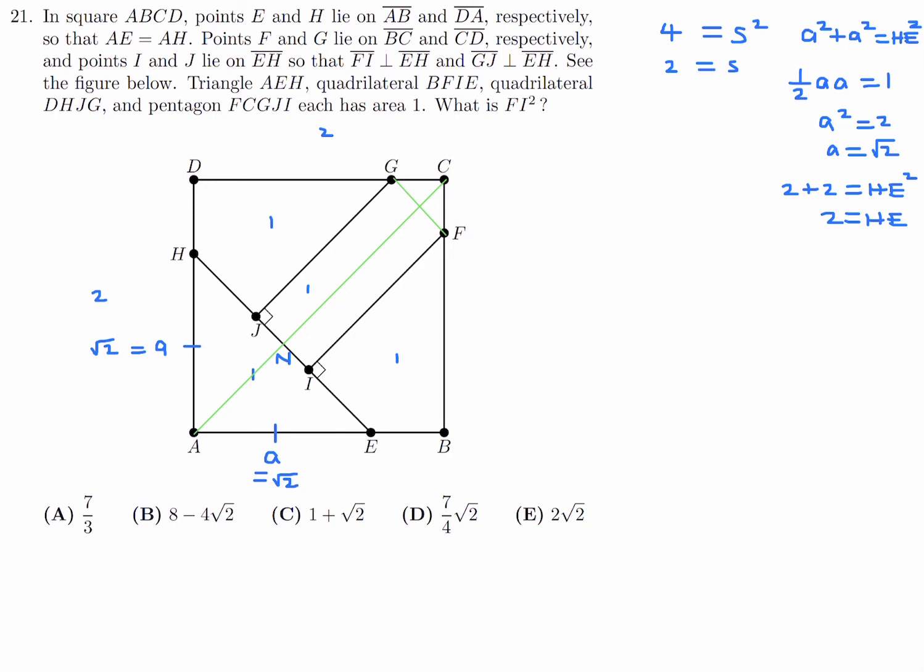Now, I can figure out the distance from A to N using the fact that that is perpendicular, so it can behave as a height for that triangle AEH.